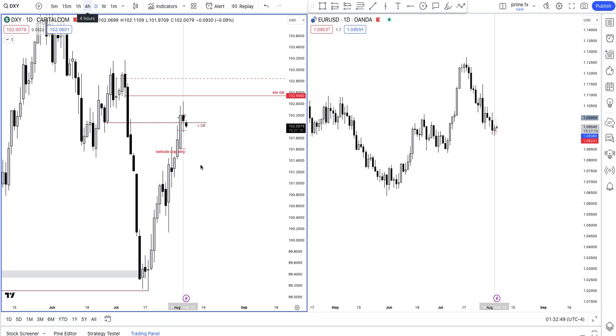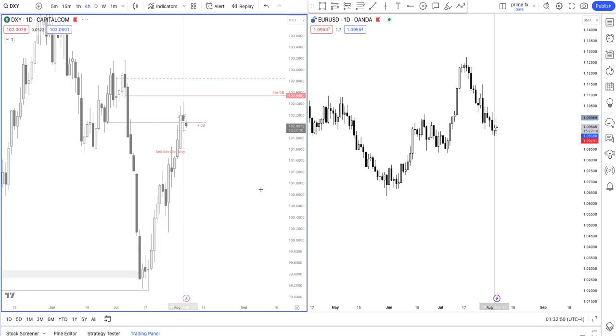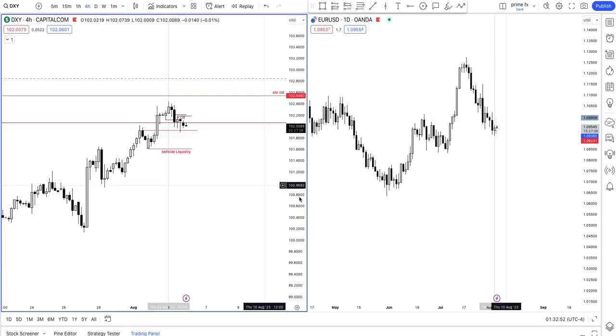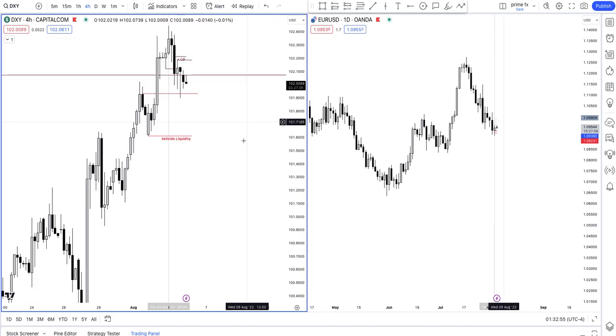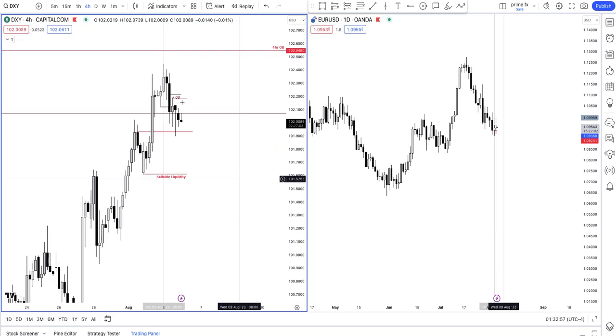So when we drop down to the 4 hour, we do see price expanded, closing below the swing low of this candle. This is actually giving me an idea.